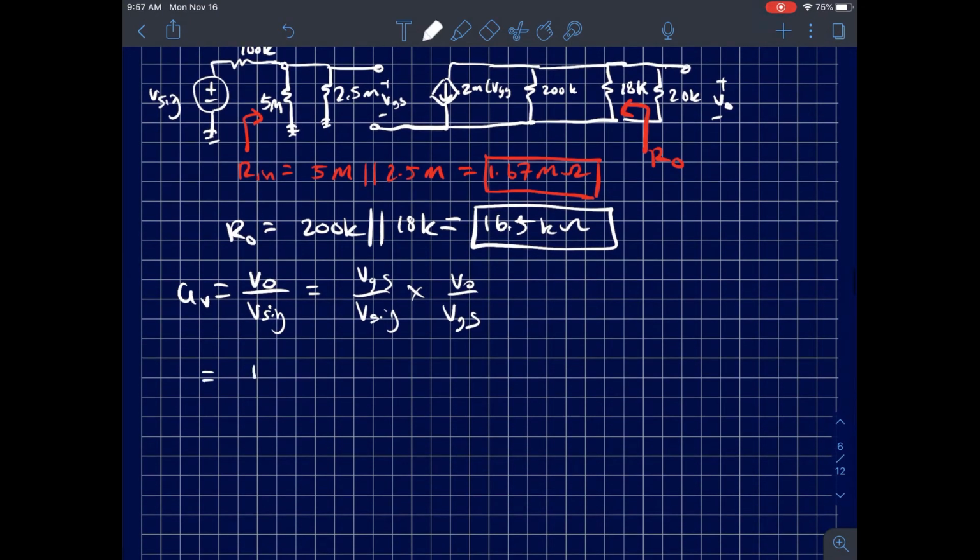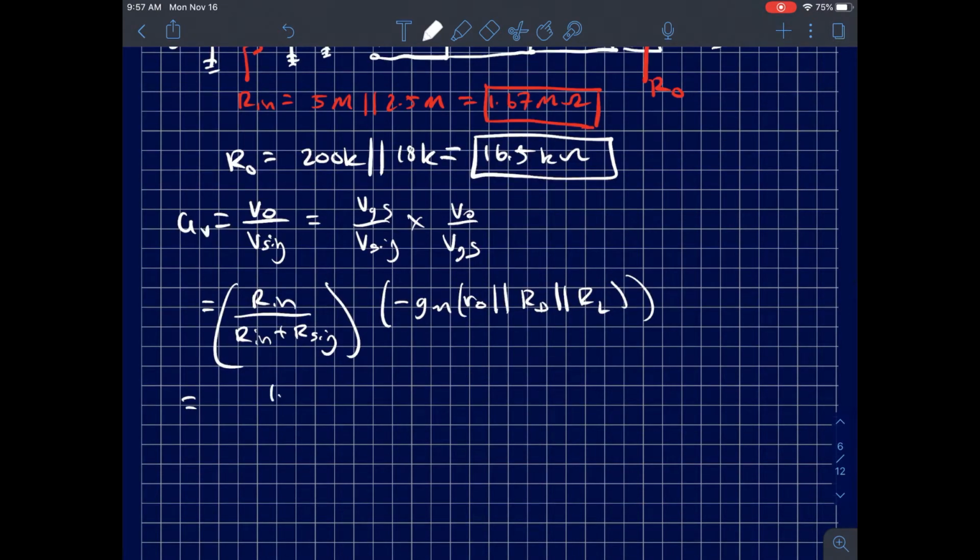So this is equal to R input over R input plus R sig multiplied by negative gm times R naught in parallel with RD in parallel with RL, which is equal to 1.67 meg over 1.67 meg plus 100K multiplied by negative 2 mS times 200K in parallel with 18K. I already found that to be 16.5K in parallel with 20K.